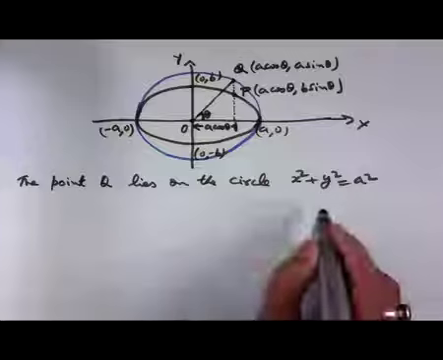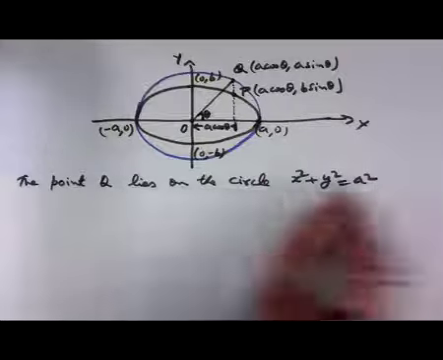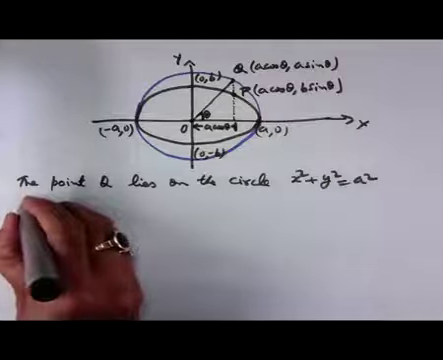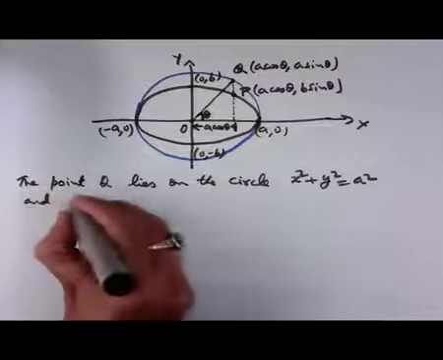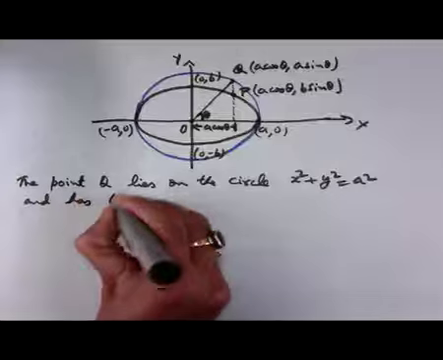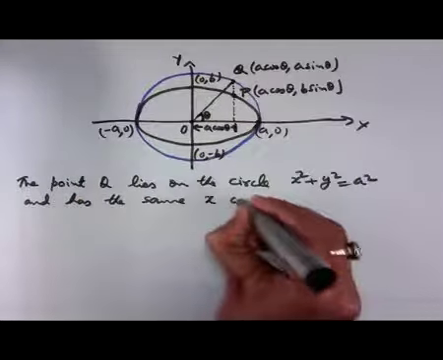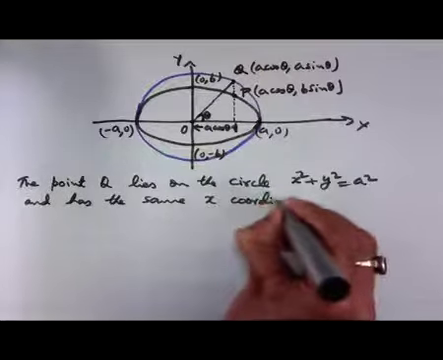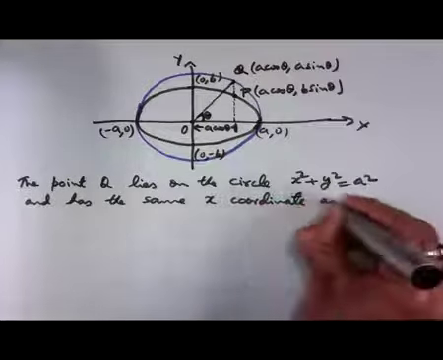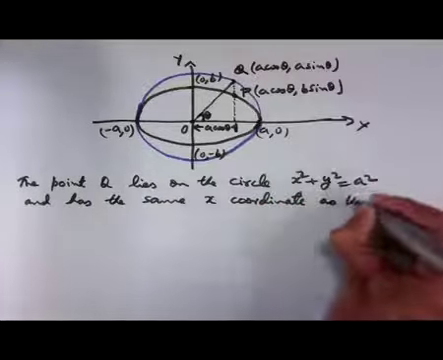So, this point Q lies on the circle and has the same x coordinate as the point P.